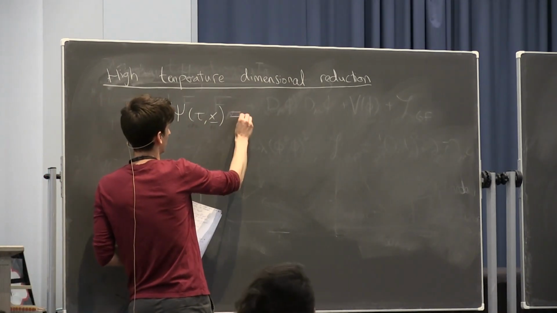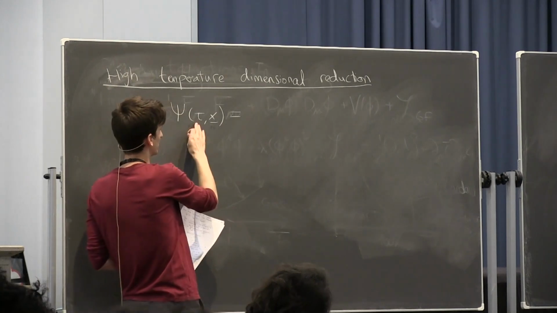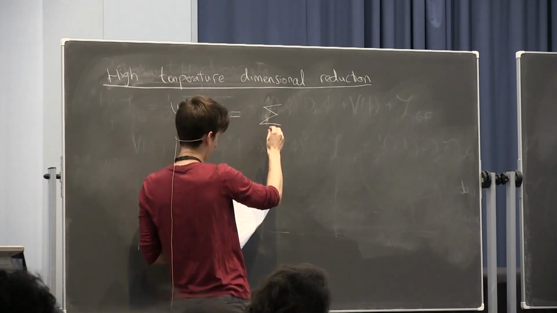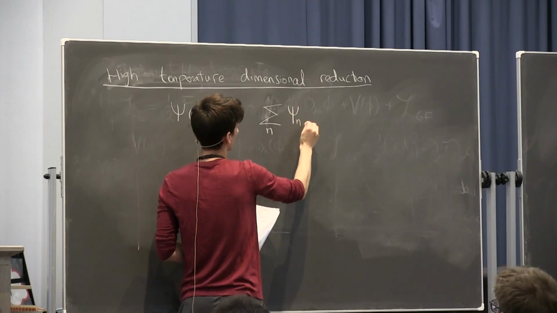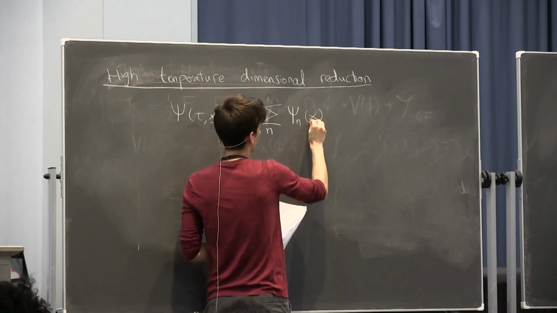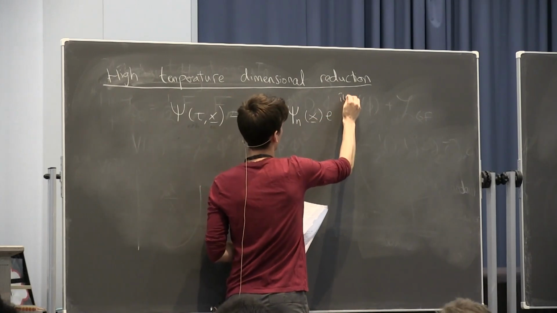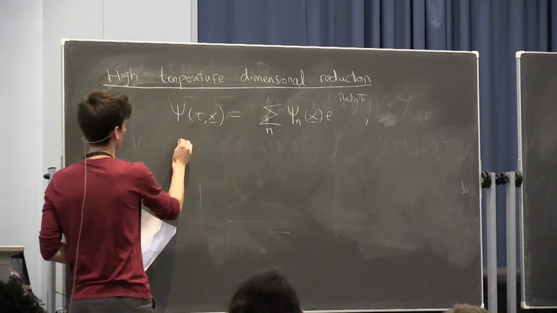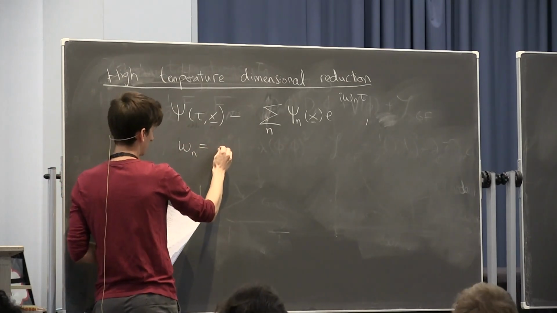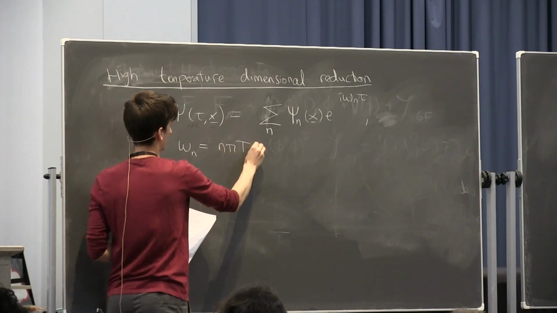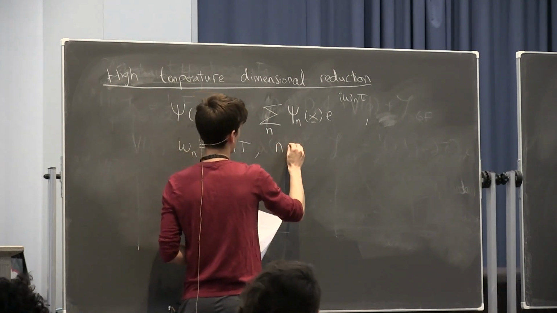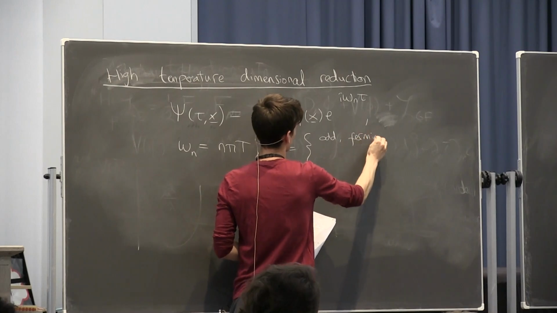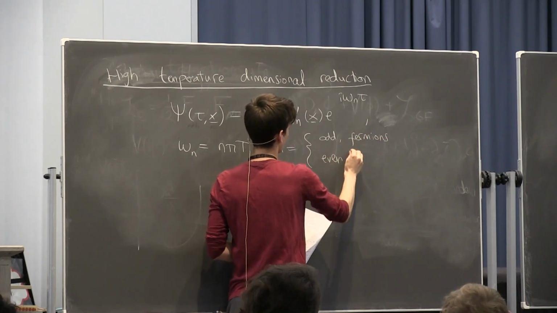And because they have to have certain periodic or antiperiodic boundary conditions as tau goes from 0 to beta, we can write them as a Fourier sum of purely spatial modes multiplied by e^{i omega_n tau}, where omega_n is n pi T, and n is odd for fermions, and even for bosons.